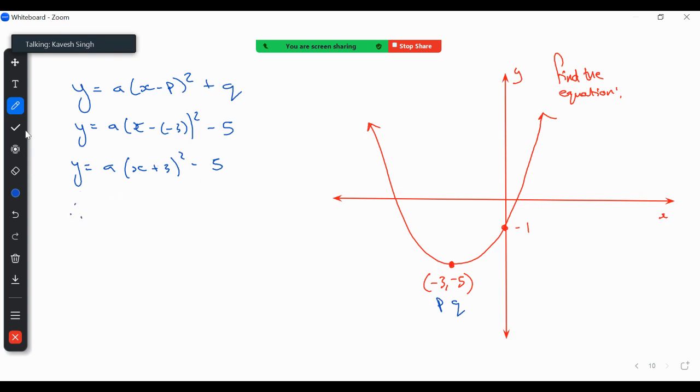Now, all I need to do is find the a value here. So I'm going to substitute another point here, and that would be this point over here, which would be 0, negative 1. So 0, negative 1 means that x will be 0 and y will be negative 1.